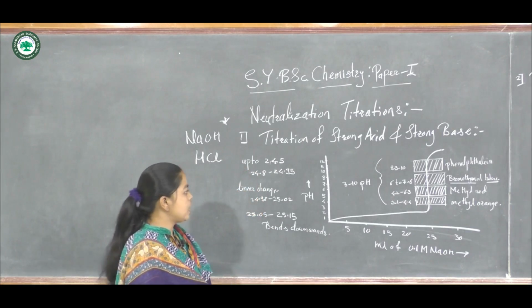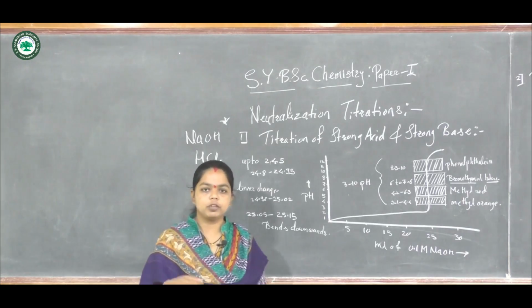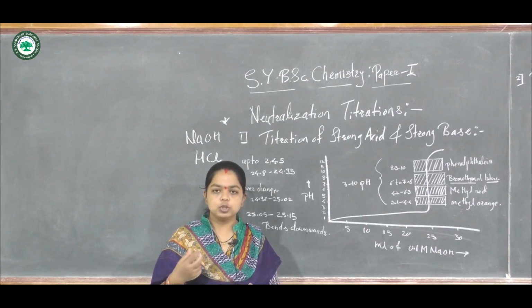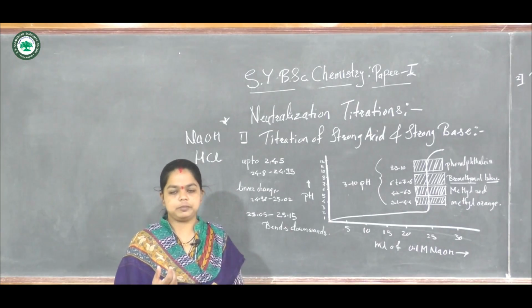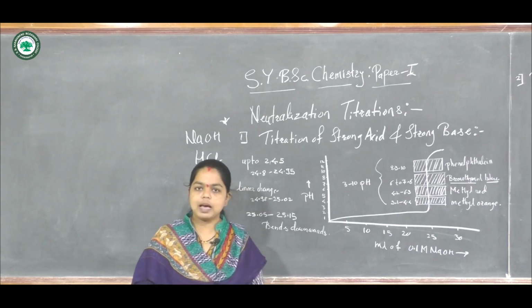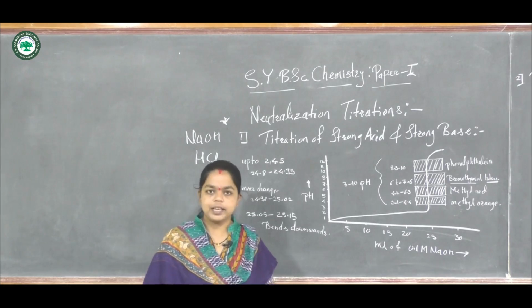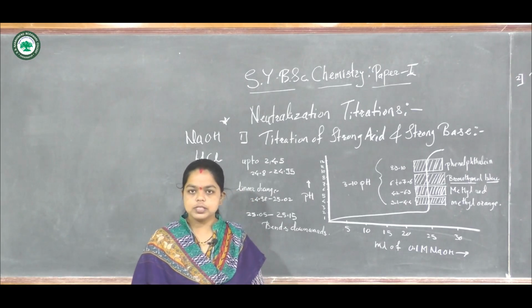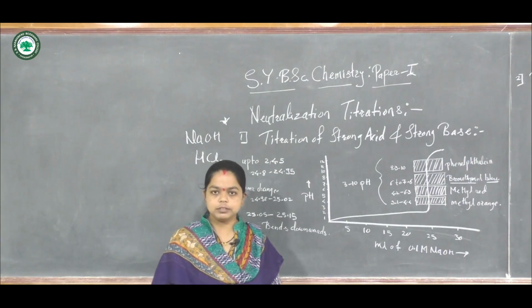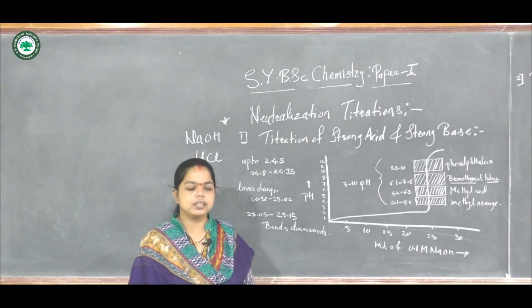Now we add the NaOH slowly from the burette, dropwise, to the HCl solution. At the start the conical flask contains 10 ml of 0.1 molar HCl, so the solution is completely acidic, with a pH below 7, very acidic.